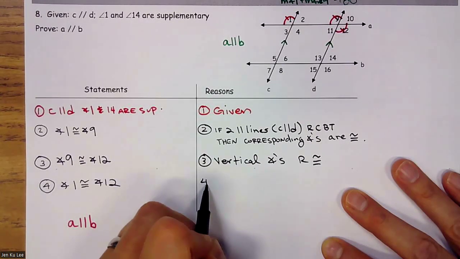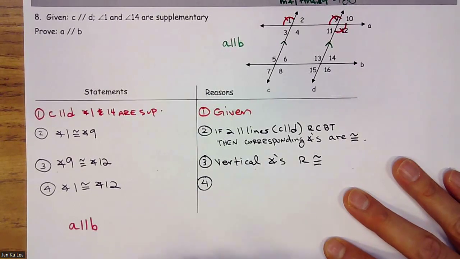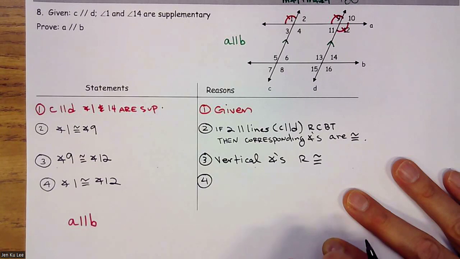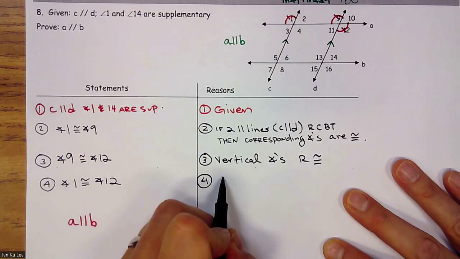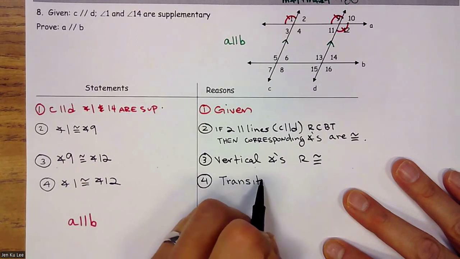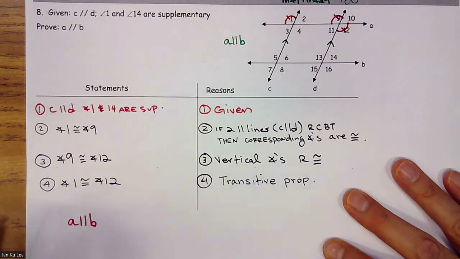Why can I say that? Angle 1 is congruent to angle 12. What's the reason behind that? It's the transitive property. Okay, or substitution if you're going to use substitution.